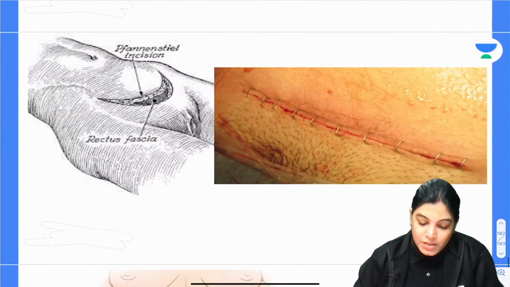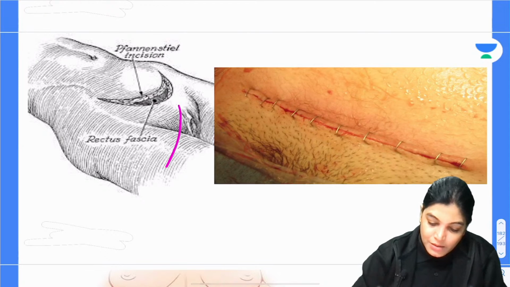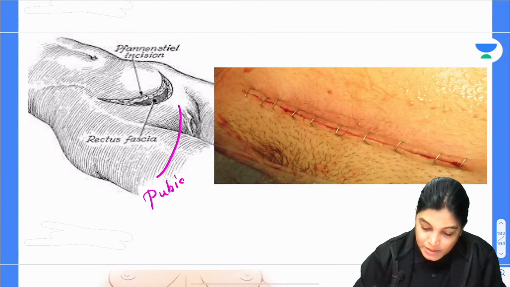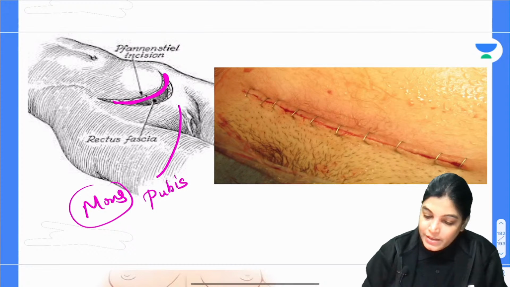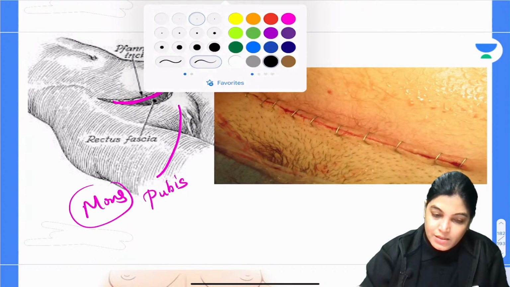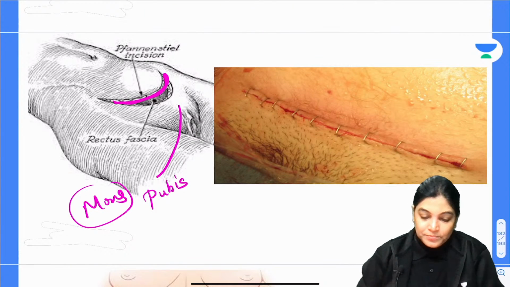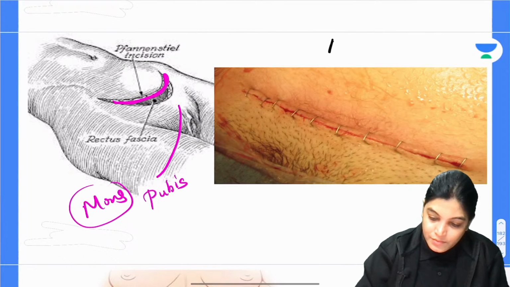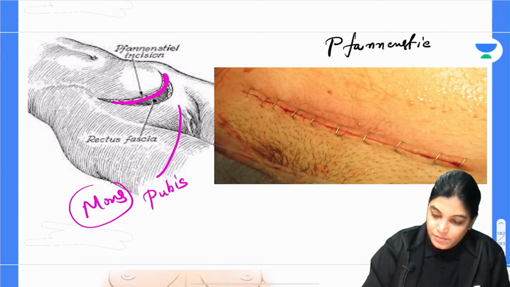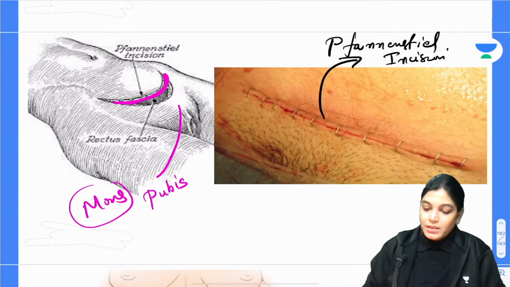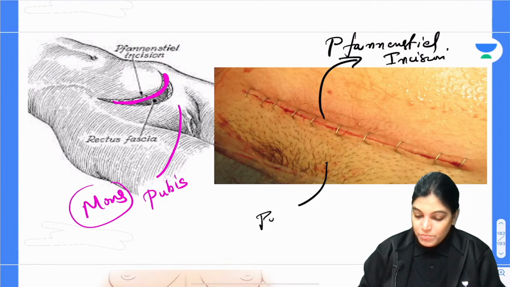So you can just appreciate that just above the mons pubis, there is the location of this incision which is transversely running, as you can see here. This is exactly the incision which has been shown, lying above the mons pubis.